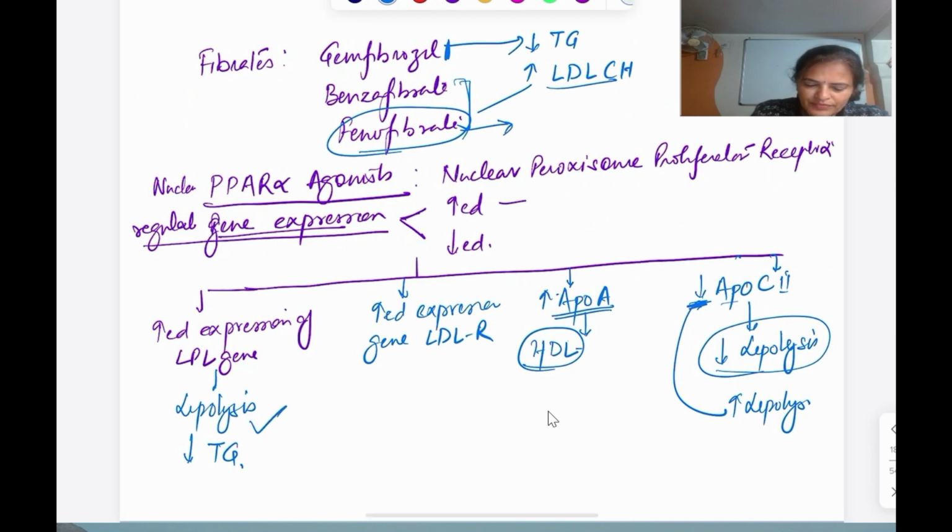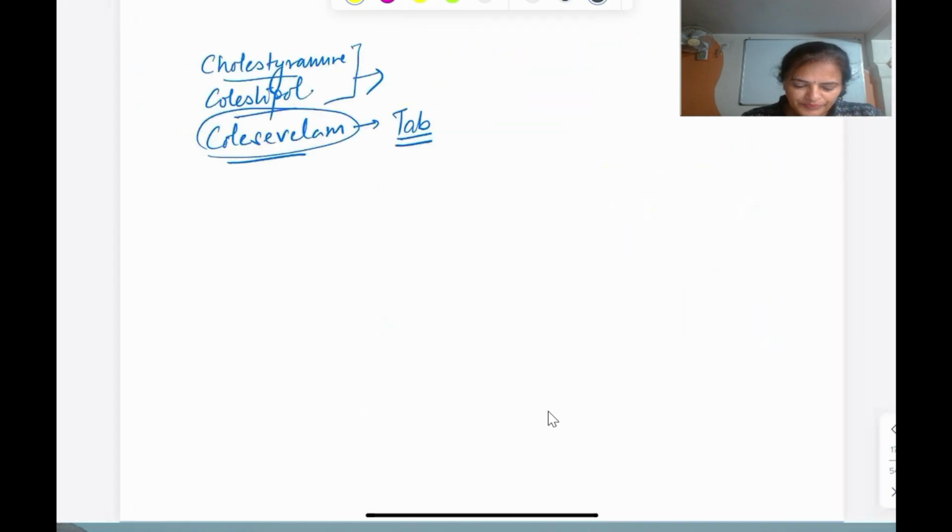The net effect is the same for this and this. This is how fibrates act. So fibrates are basically PPAR agonists; they increase the expression of certain genes and decrease the expression of certain genes. So few enzymes or proteins are upregulated and certain ones are downregulated.